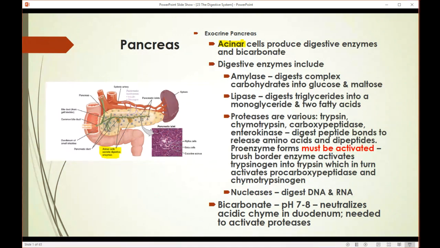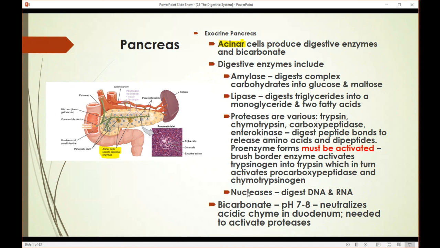So if we just released a whole bunch of enzymes that are going to break down proteins, it would break down the body itself. Okay, so we require them to be activated. We release proenzymes, and they get activated at the brush border. And that brush border, remember, is in the small intestine along the microvilli.